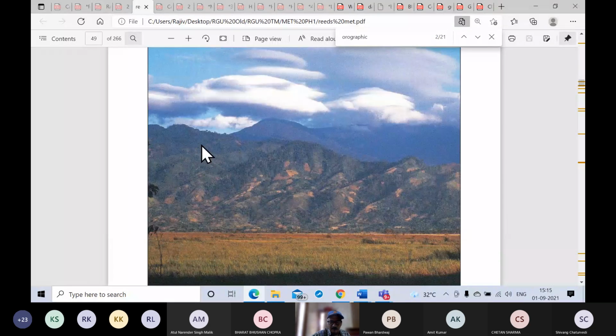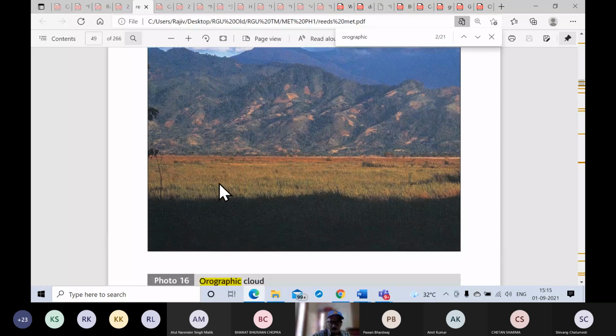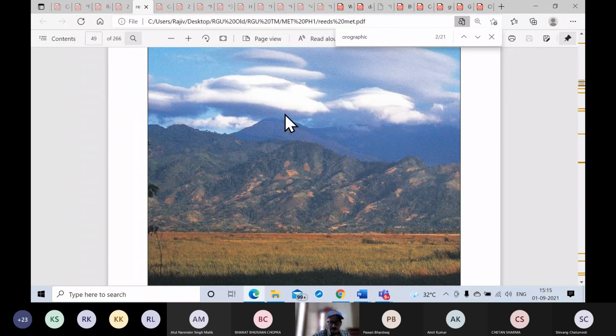This is the land barrier, the mountain over which the air is rising. Warm, moist air is rising, getting cooled adiabatically.